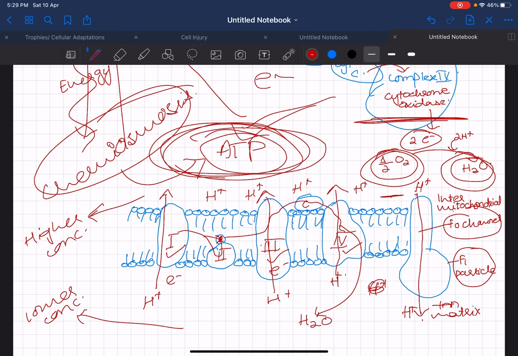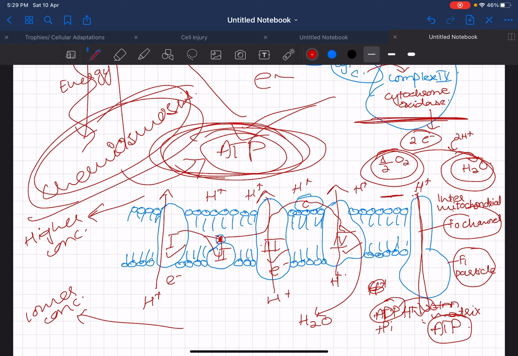So it is moving from higher concentration towards lower concentration, and this is going to be utilized for the production of ATP. ADP plus inorganic phosphate is going to get converted into ATP right here. As this goes down the concentration gradient, it will be releasing energy which will be utilized by the ADP for the production of ATP. This is what chemiosmosis is.